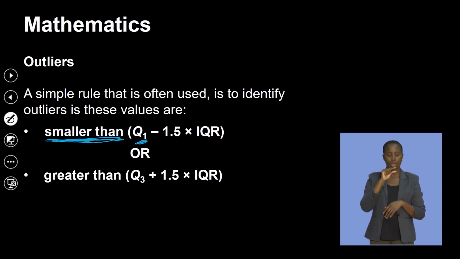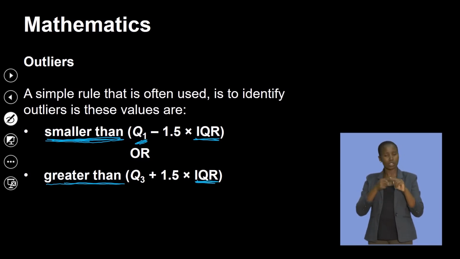We're going to say an outlier will be smaller than this: Q1 minus 1.5 times the interquartile range. Remember that the interquartile range is Q3 minus Q1. Or a value greater than Q3 plus 1.5 times the interquartile range. Those can be used to identify an outlier.